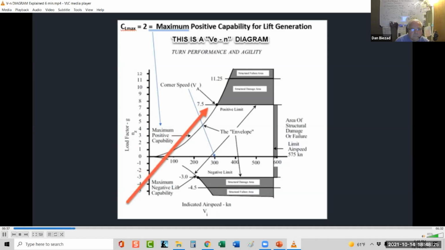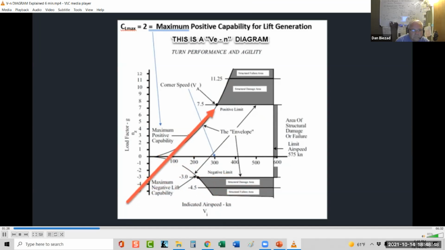You can't go any higher than that, or you will cause structural damage. So you can fly up here if you go fast enough, but you will break the airplane. And if you go too fast, then of course here's your structural damage over here. And then there's some negative G data here. We're not going to be concerned with that.